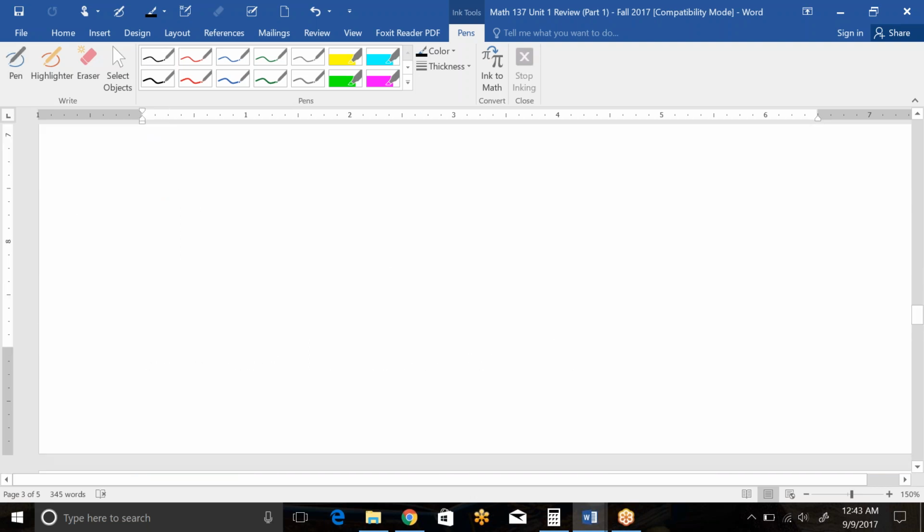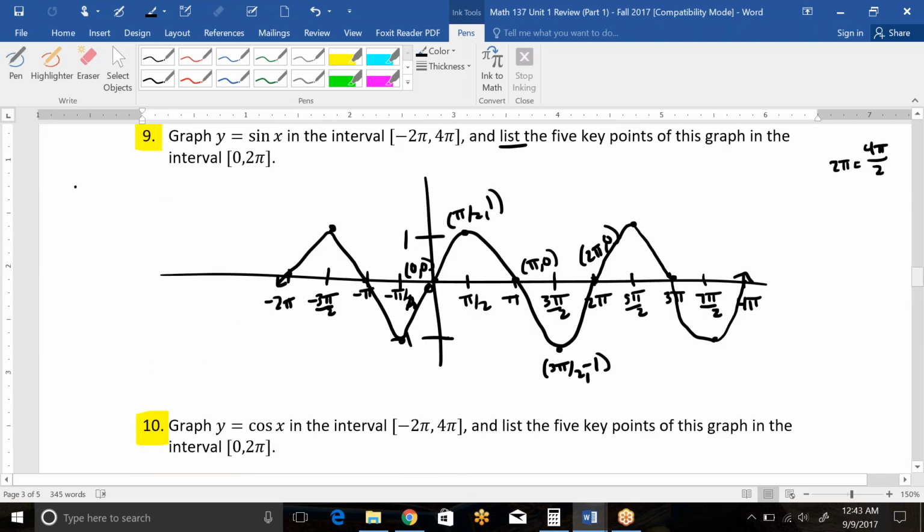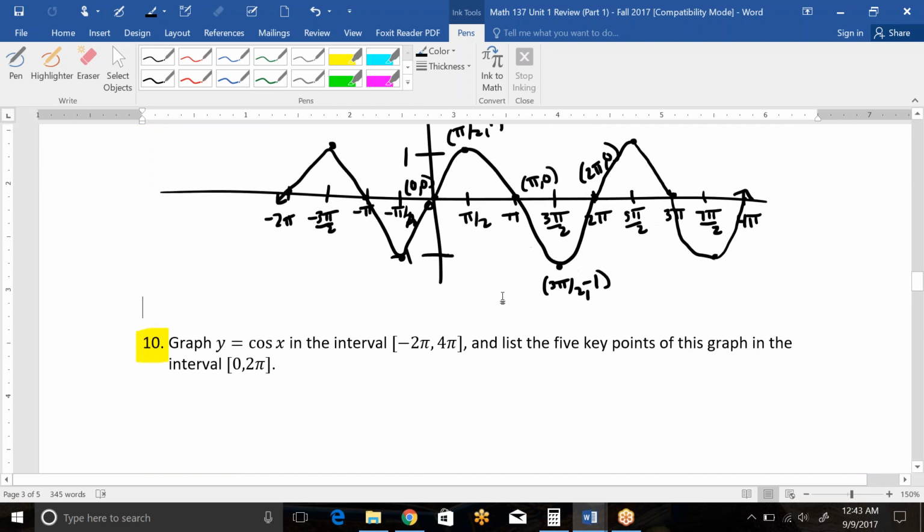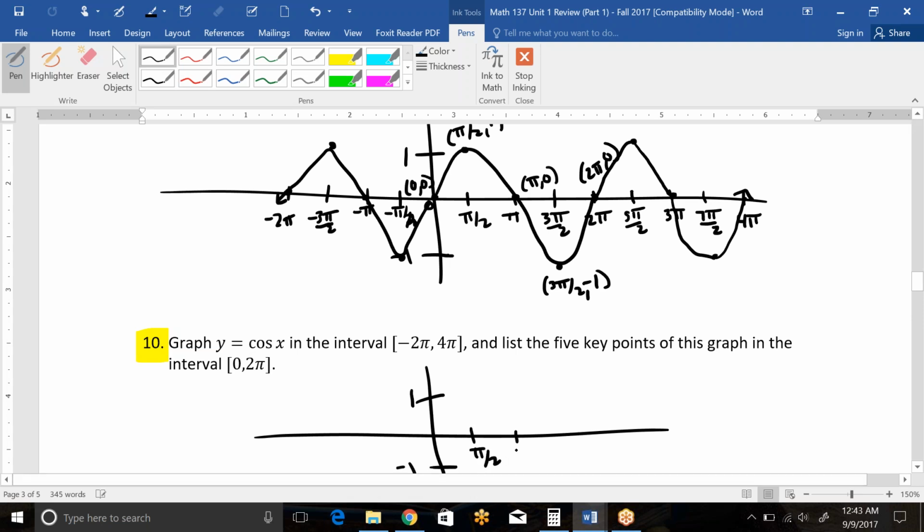And then for cosine, because that's the end of part 1, remember it starts a little bit differently, because at 0, the cosine value is actually 1. So you start up first. But the cycle keeps going up and down just like it does with the sine.